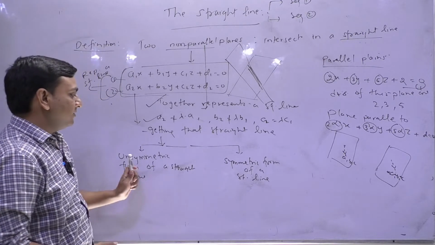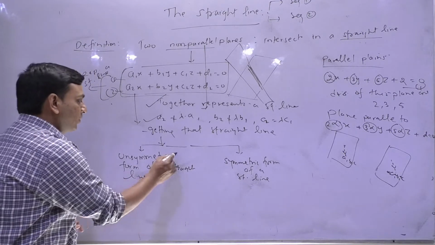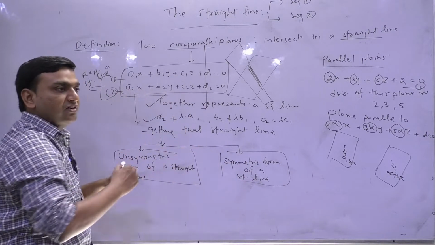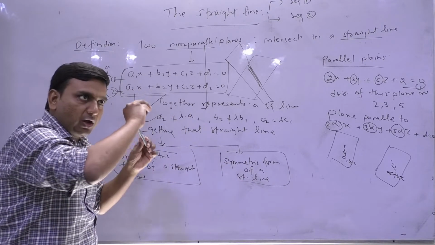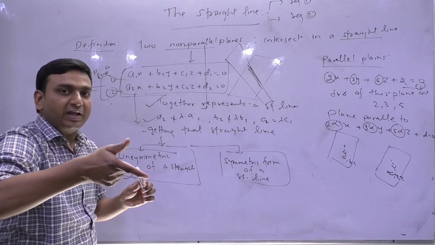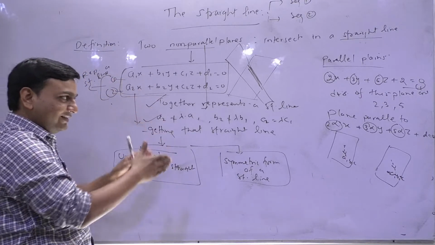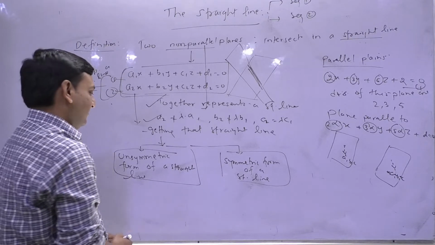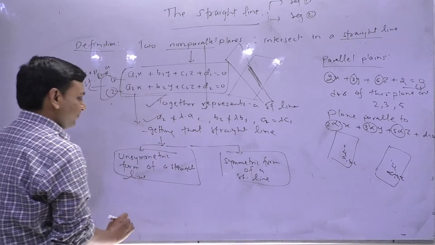When I say symmetric and unsymmetric, take it as a blank check. Whatever the teacher is teaching, you have to learn that. At the end of the lecture, you will see these are the things required in the straight line. That type of confidence you will have. The rest is your choice.